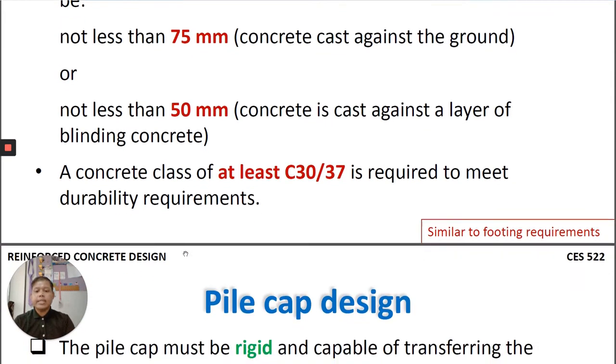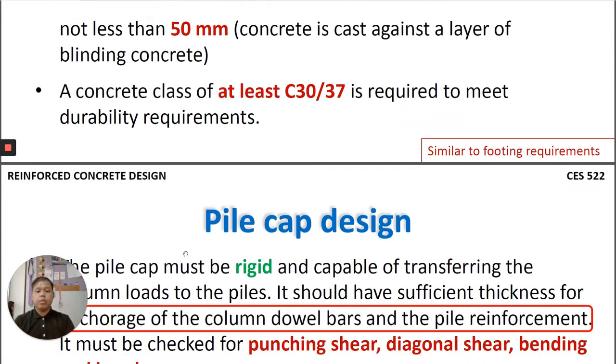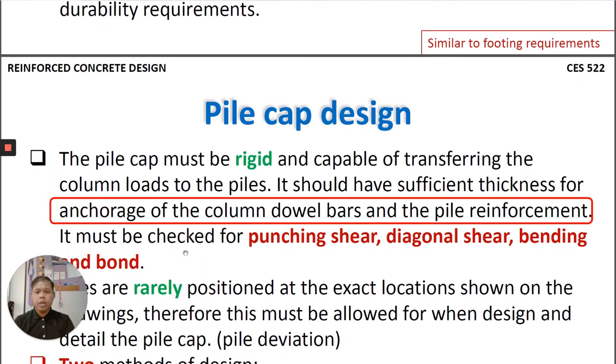A concrete class of at least C30/37 is required to meet the durability requirement. So it is important for us to understand this.